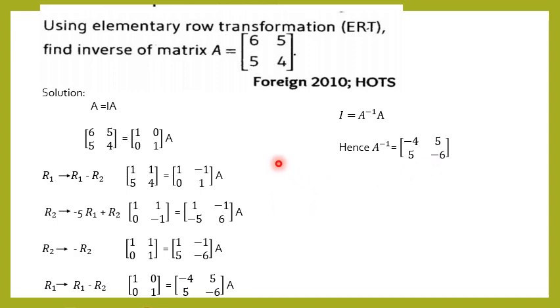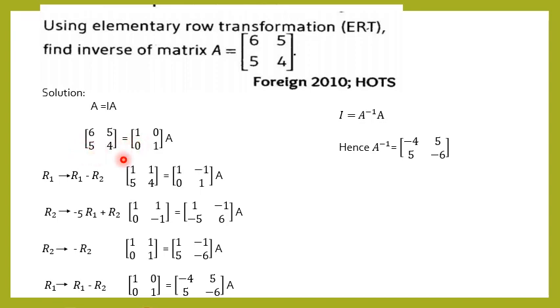So first we need to convert the first element in the first row to 1. Then all other elements in this column should be 0. How is it possible? We need to multiply the first row by the additive inverse of the elements present in that column and add that row.